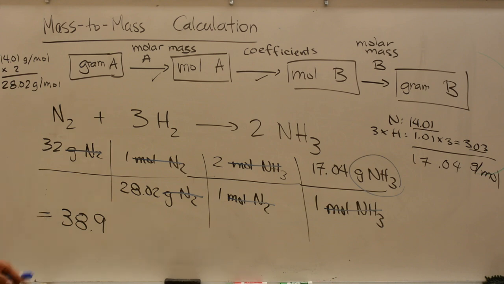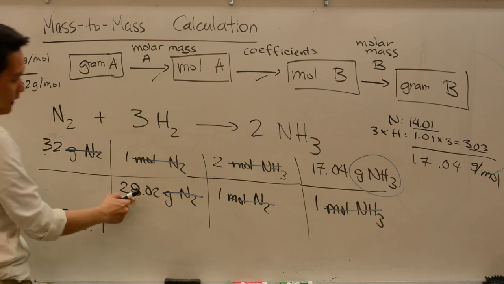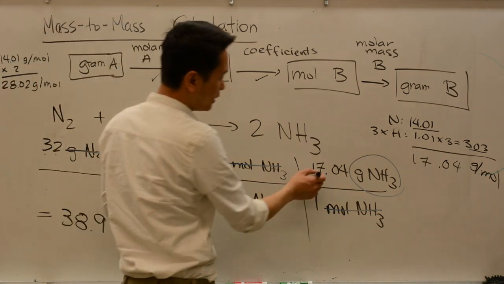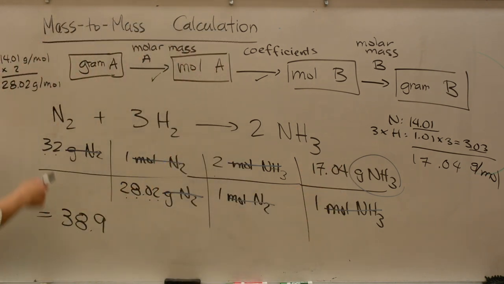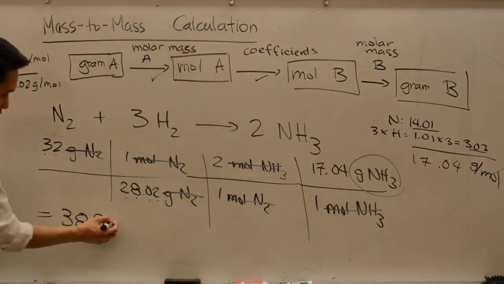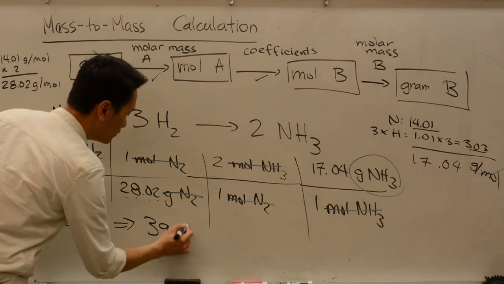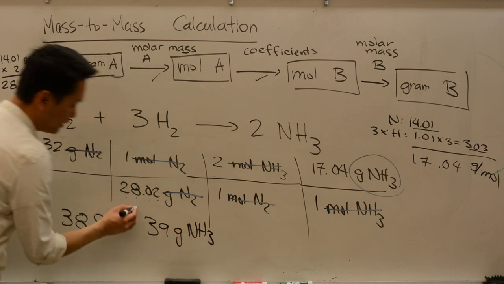Yes. And there's only 2 sig figs here, right? 1, 2 sig figs. There's 1, 2, 3, 4 sig figs here. There's no sig figs here. There's 4 sig figs there. So the answer is 2 sig figs. So this should become 39 grams of ammonia.